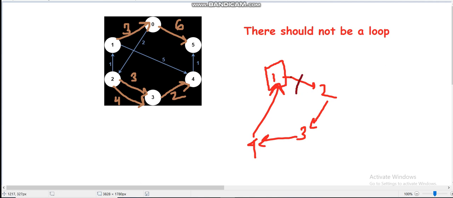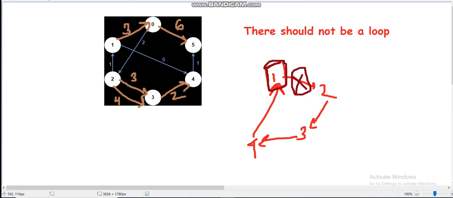Why is 1 the destination vertex? Because we don't need to put any incoming edge into any vertex besides the destination vertex. So if 1 is not the destination vertex, we can remove this edge. If 1 is the destination vertex, then we can remove this edge. That's why we can't have any loop in the graph.